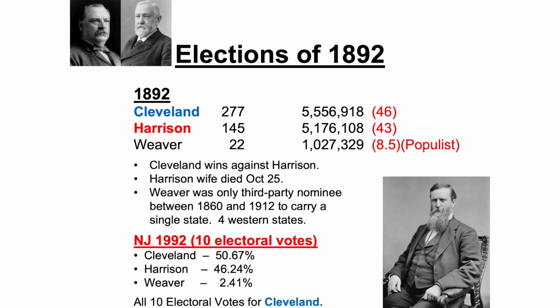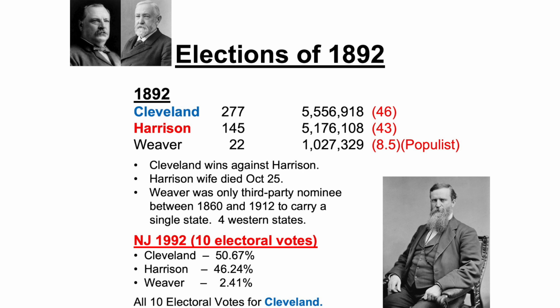Cleveland comes back in 1892, and he wins with a bigger margin here, with the help of Weaver as a third-party candidate. You'll note in these days that a lot of these third-party candidates were able to actually get electoral votes. He was a Western candidate, so he was able to win some of the Western states. It's more difficult for third-party candidates these days to wrestle any votes away.